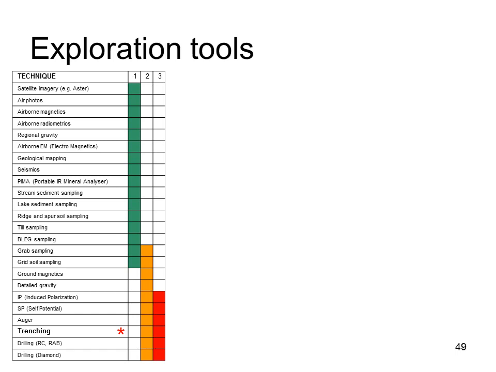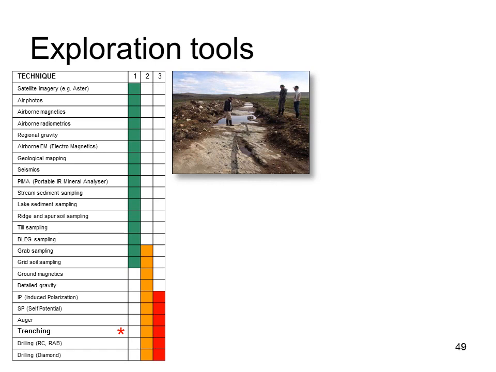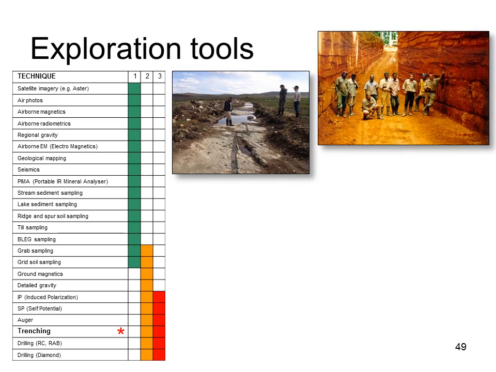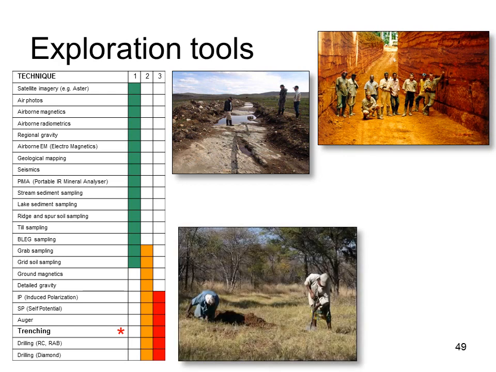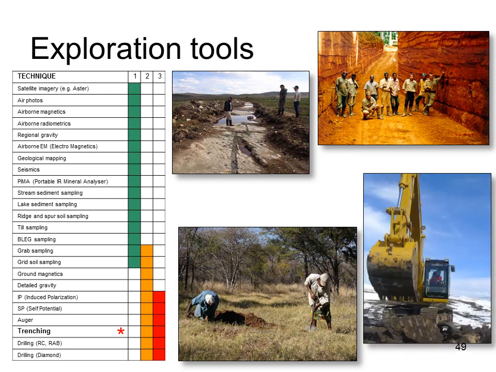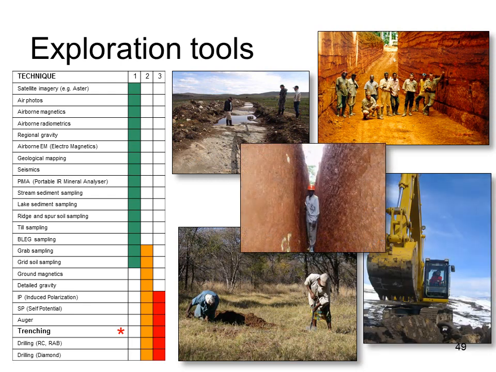The term trenching covers a multitude of sins, ranging from scraping thin moss or soil cover off outcrop to 5-meter trenches in deep tropical lateritic soils. Trenches can be dug by hand or trencher, by excavator or bulldozer. And the aim is simply to expose bedrock for mapping and sampling.